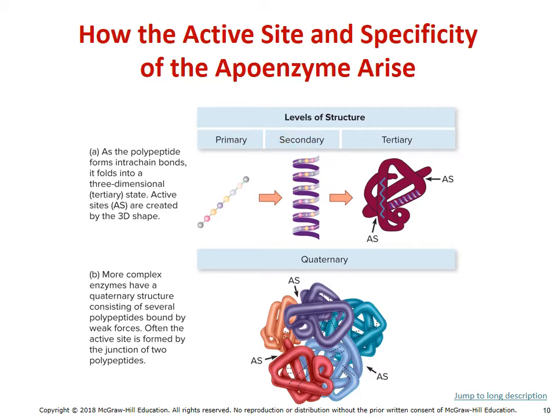The interaction between the hydrogen bonds create really 2 different types of secondary level folding, which is the alpha helices and the beta pleated sheets, as seen here. But again, typically we need additional features to help further fold, and that's where we get into the tertiary level. But typically, the single polypeptide here is not usually even enough to make a complex enzyme. And so at the quaternary level, we may see additional polypeptides grouped together.